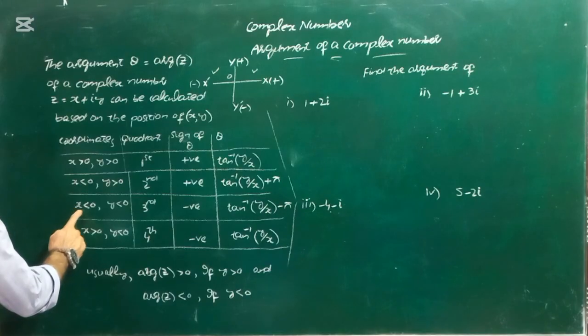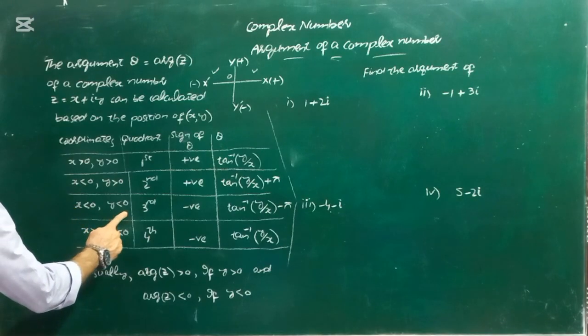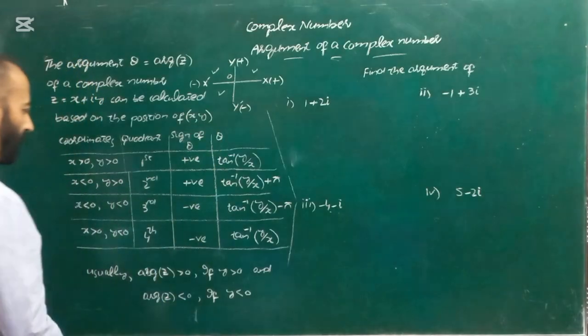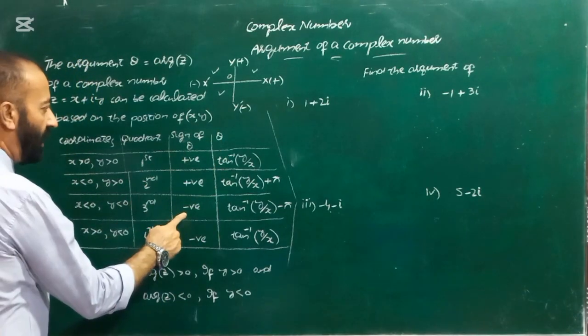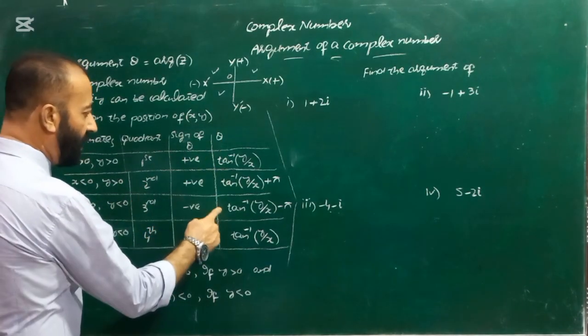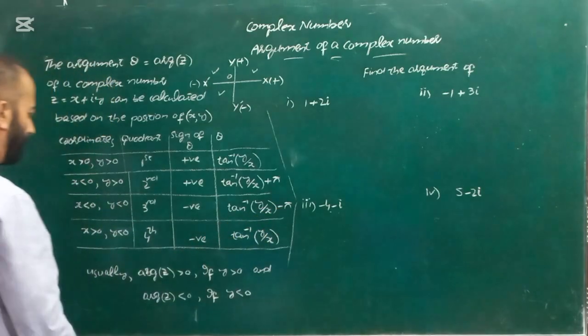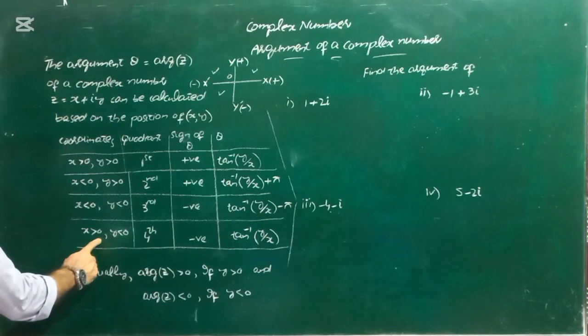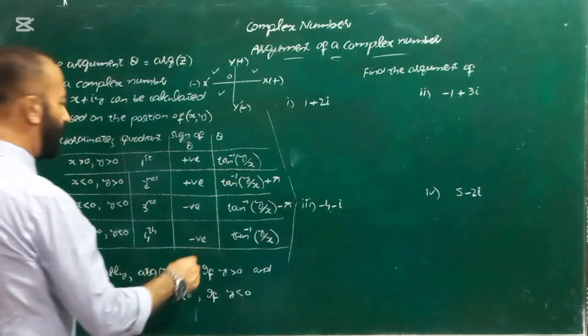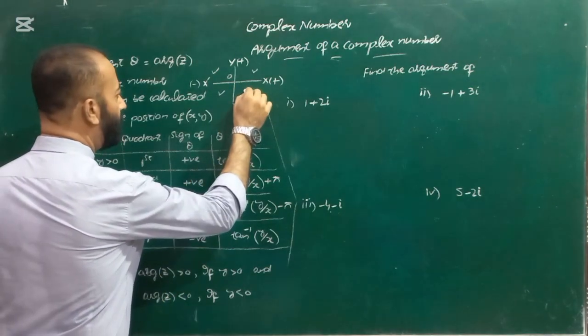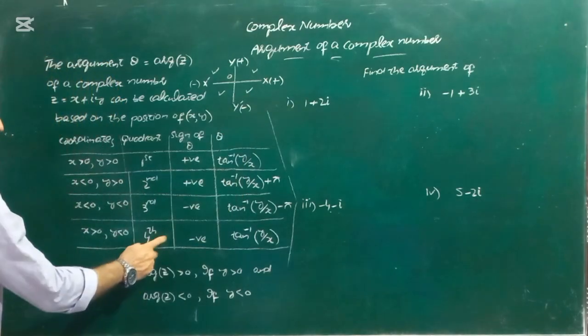If x is lesser than 0 and y is lesser than 0, it means third quadrant will be there. The sign of theta will be negative and theta will be equal to tan inverse y by x minus pi. If x is greater than 0 and y is lesser than 0, then fourth quadrant will be there.